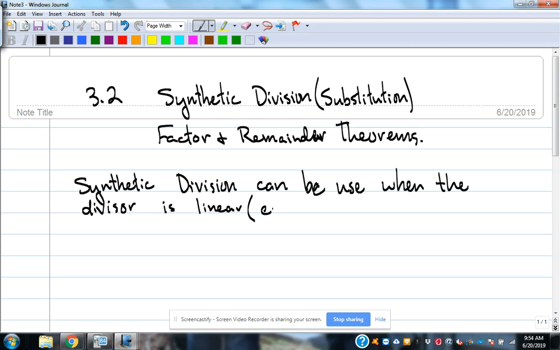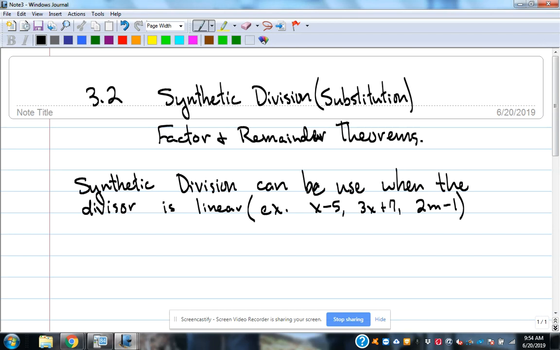And that means, for example, something like x minus 5, 3x plus 7, 2m minus 1. That was one we had earlier. Those are linear because the highest exponent is a 1. You don't have a plain x. You don't have x squared or anything like that in what you're dividing by. Okay, so synthetic division can be used when your divisor is linear.